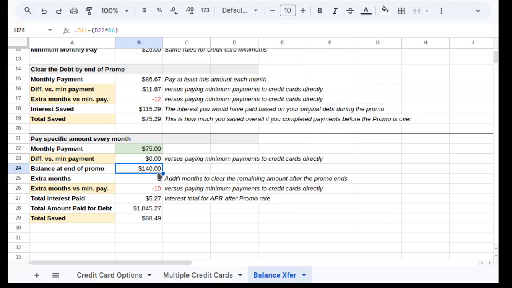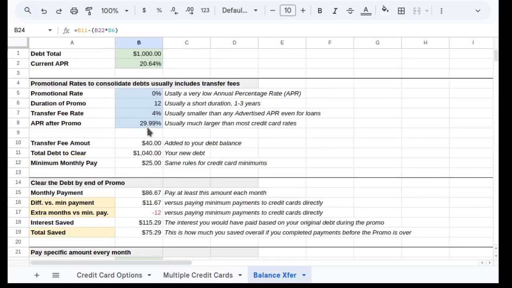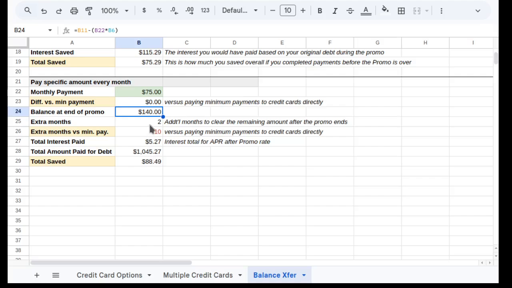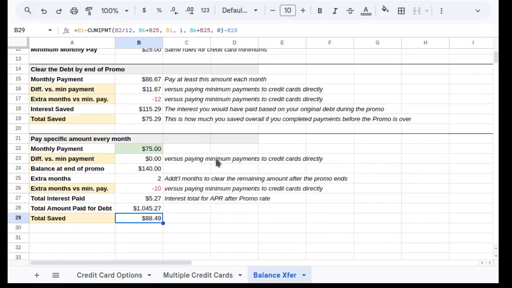So at the end of the promo, you'll start being charged that interest of 29.99% on this $104. And you need 2 additional months to clear that amount. And the amount of interest you would have paid is $5.27 on that $140. Total amount you would have paid for the debt is this, and the total you saved is this. Of course, this is minus the $40.